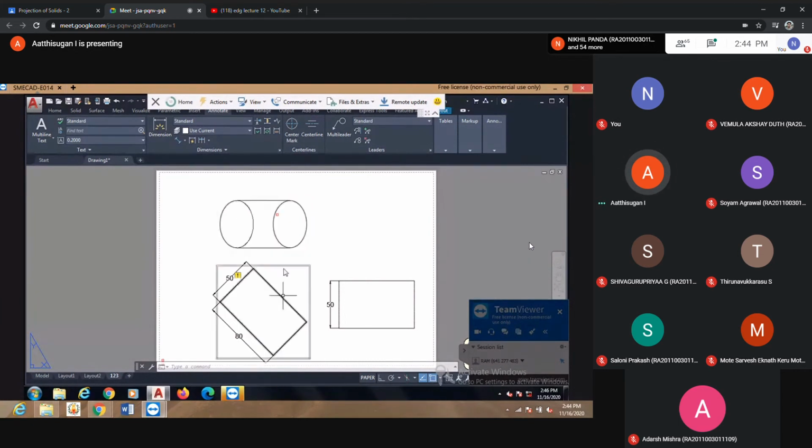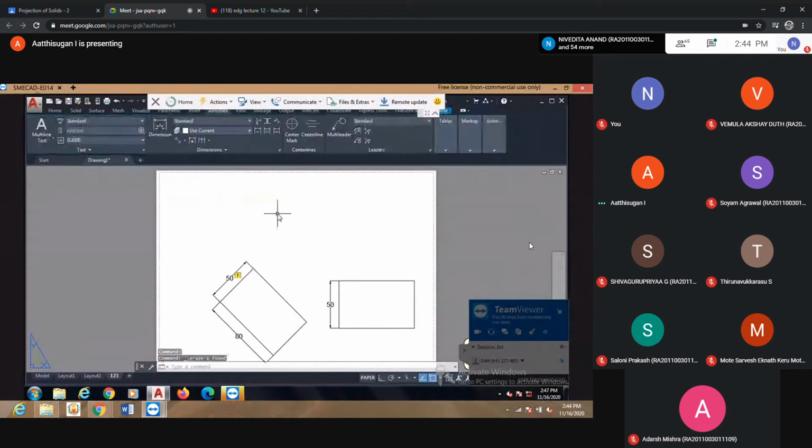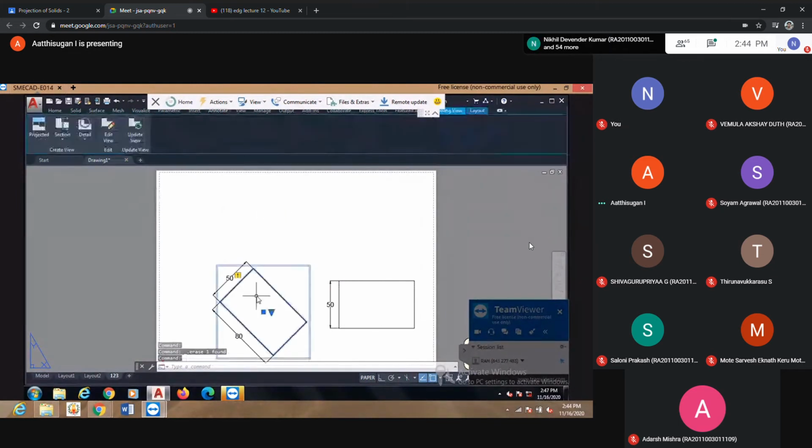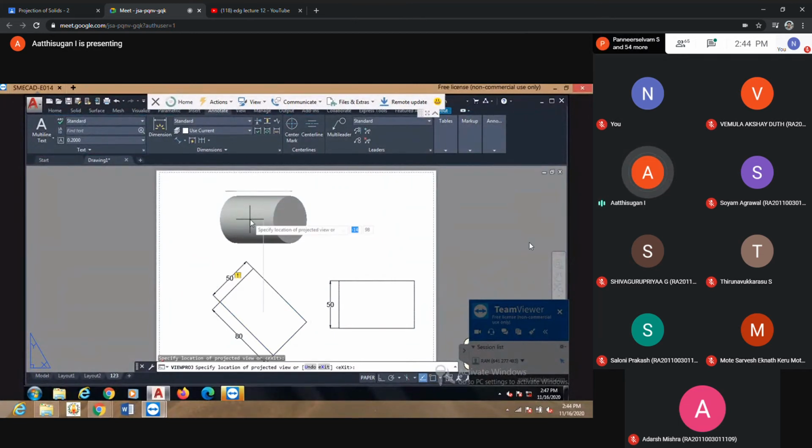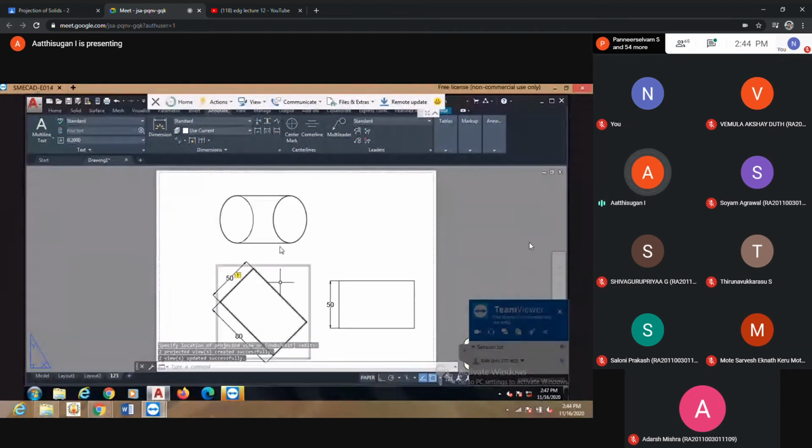That's why we are not selecting it. This is one method. Suppose if you delete any one view, you can select. I am taking the deleted view.